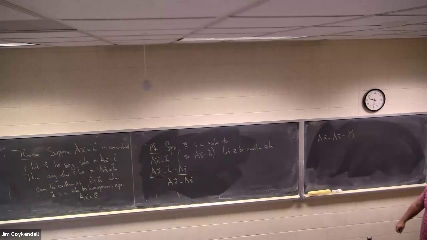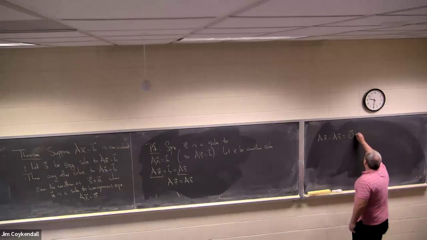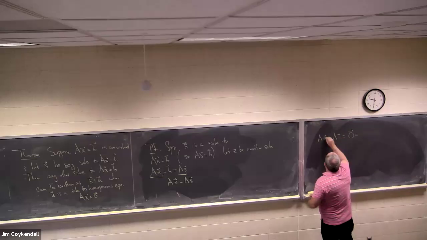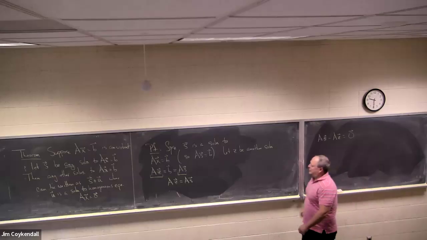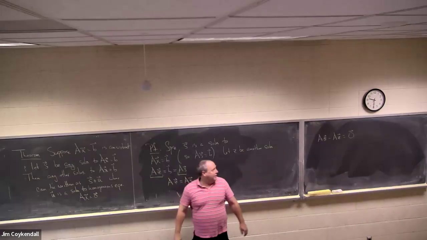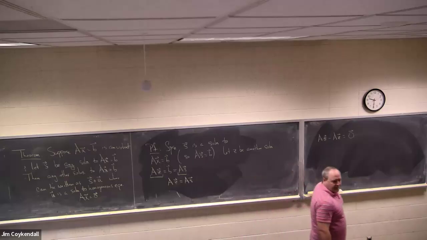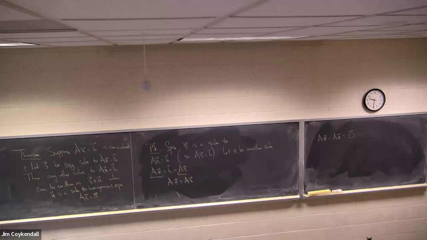Everybody agree with me? Actually, I meant to write it this way. But it doesn't matter. I can just subtract AS from this side instead, or I'm sorry, AZ from this side. Everybody okay with it? Can anybody see a way I can simplify the left side of that equation? Factor out A. That's right. That's one of the things that we just learned. This factors out A.